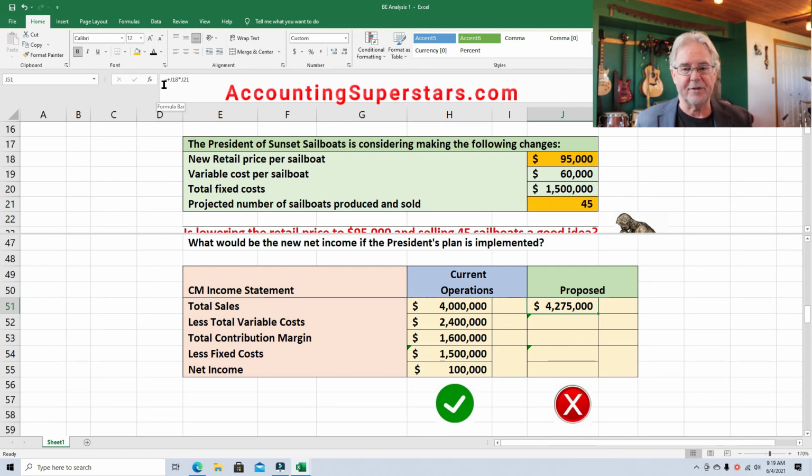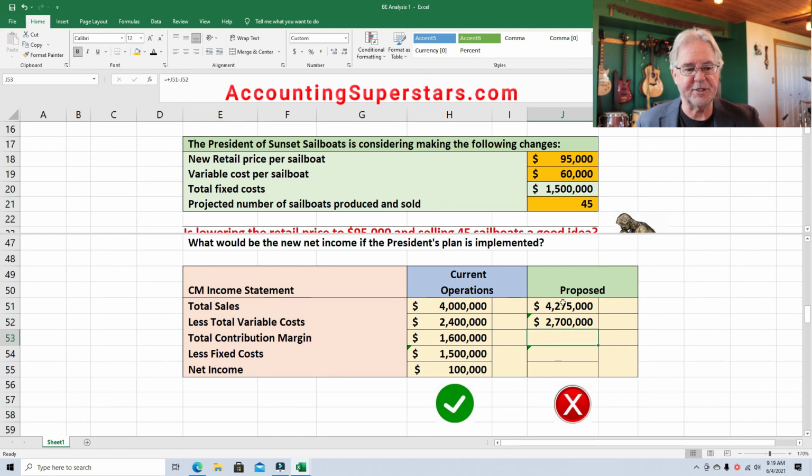So it's like, wow, this is quite a bit more, 275,000. So if we stopped at this point, we might think, hey, this might be a good idea, but let's carry it all the way through. So the variable costs are going to be 60,000 times 45 boats. We get 2.7 million.